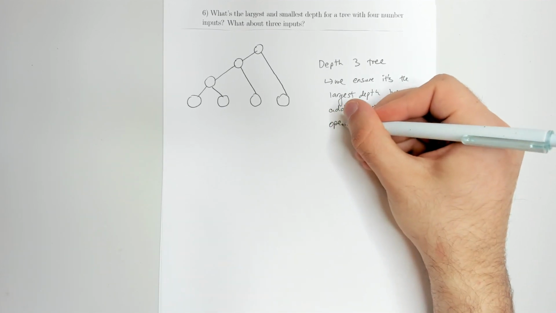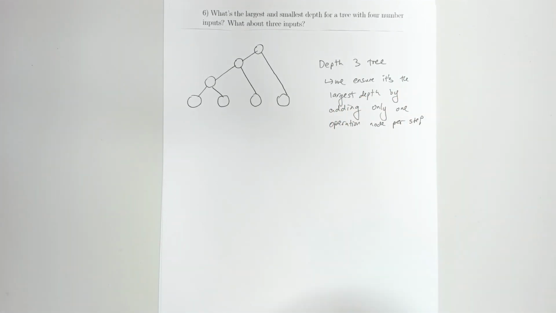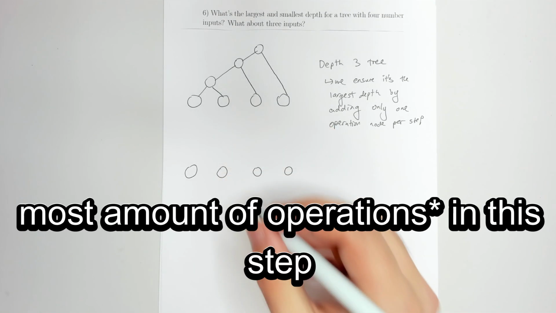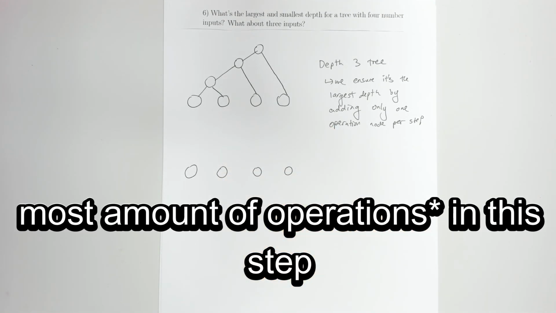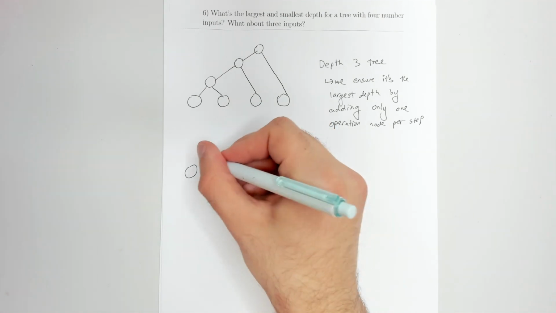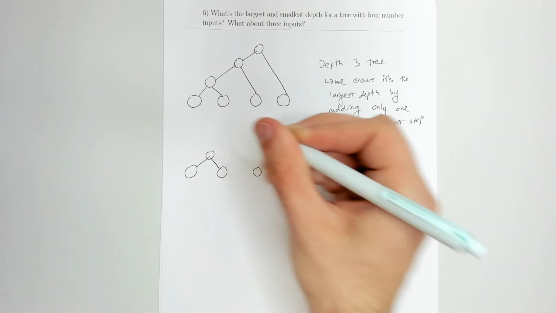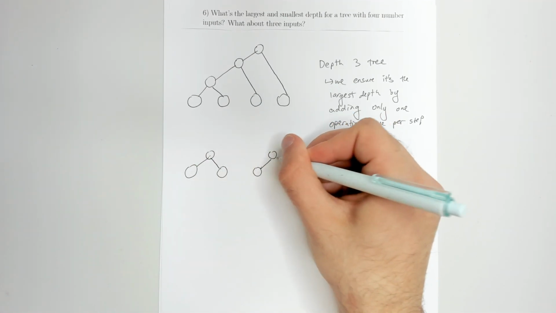operation node per step. And to get the smallest depth, we basically want to do as many operation nodes as possible per step. That's going to minimize the depth of this tree. Once again, if we start with 4 number nodes, what's the most amount of steps we can do here? Well, we can combine these 2 numbers, and we can combine these two numbers in the same step.